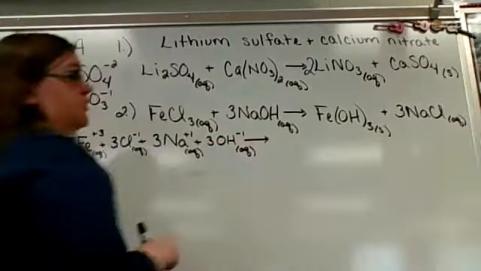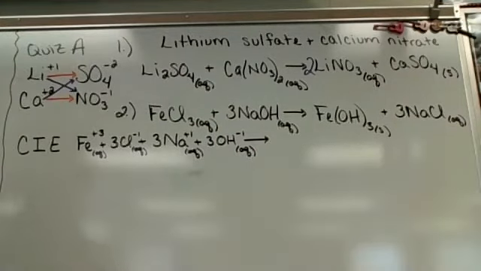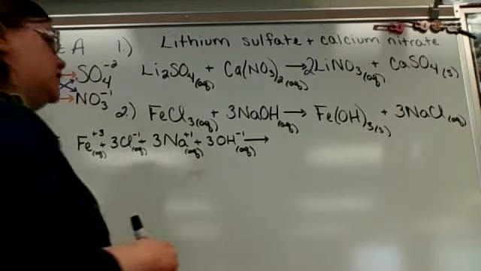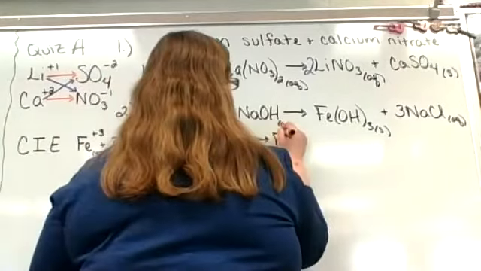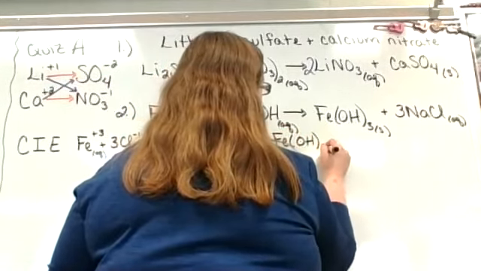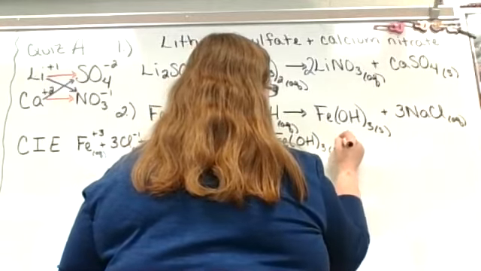Yielding, now we come to our solid, the Fe(OH)3. Solid. So we are going to keep our solid exactly the same. We're just going to copy that down: Fe(OH)3, solid.